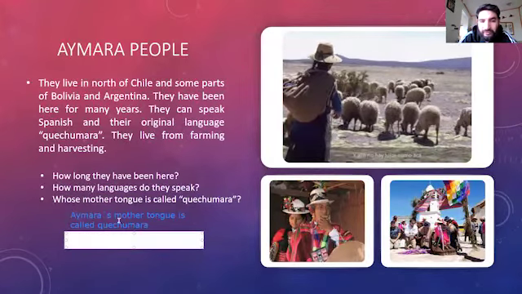Aymara's tongue. ¿Por qué? El apóstrofe S significa que lo que voy a decir después pertenece a la persona que estoy mencionando. Entonces, en inglés sería Aymara's mother tongue is called Quechumara.